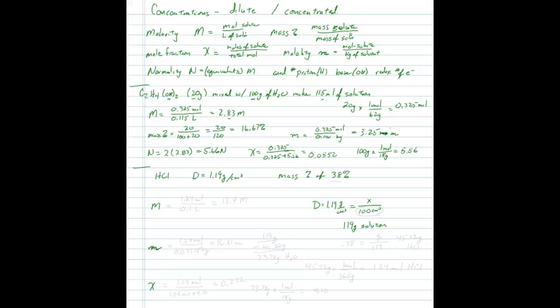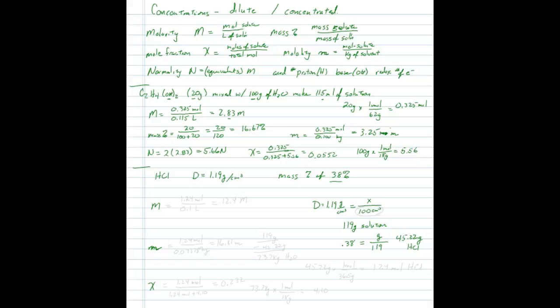We need grams of the solute. So that's where we use the mass percent. 0.38, change percent to a decimal, equals the grams of the solute divided by the total mass. Cross multiplying, you get 45.22 grams of HCl. It also might be helpful if you start labeling some things so you know where you are.